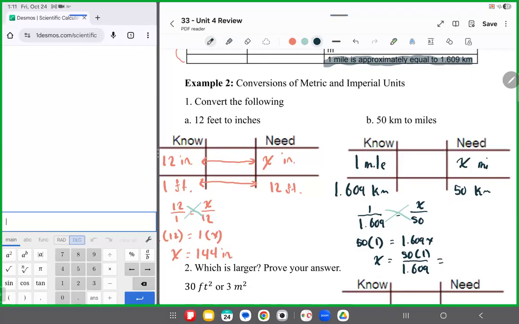And so using the Desmos scientific calculator, as that's the only calculator we need today, we take 50 multiplied by 1 and divide it by 1.609. And we'll take 2 decimal places, and we can see that the solution to this will be equal to 31.08 miles. This makes sense because a mile is longer than a kilometer, so you'd expect the answer for this to be smaller than 50. So there you go.